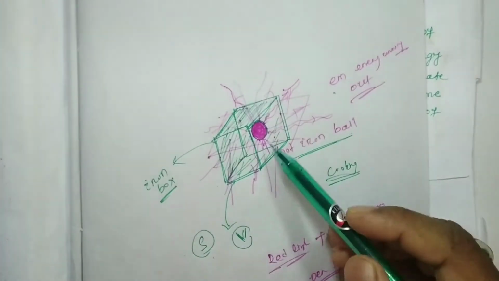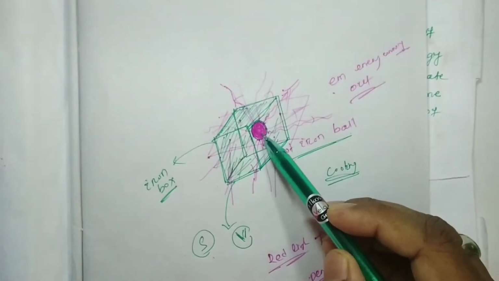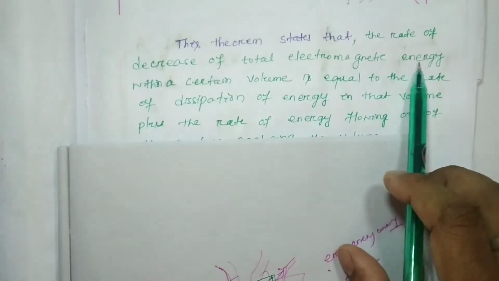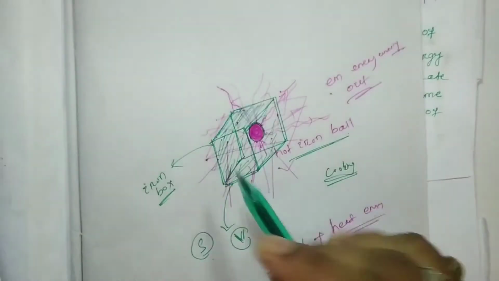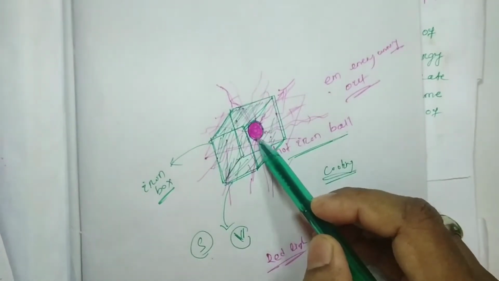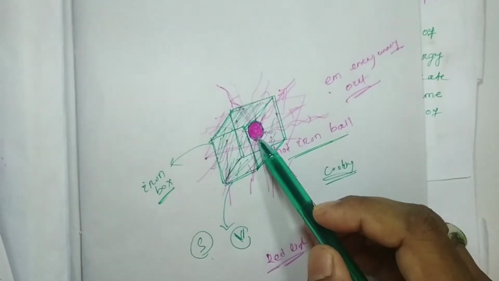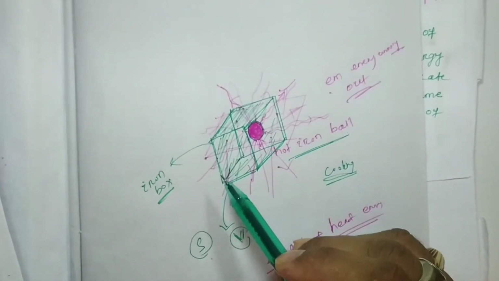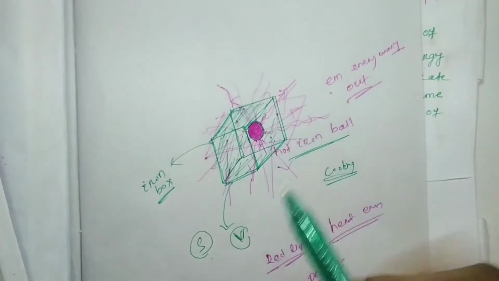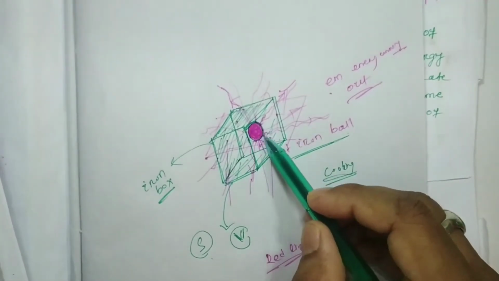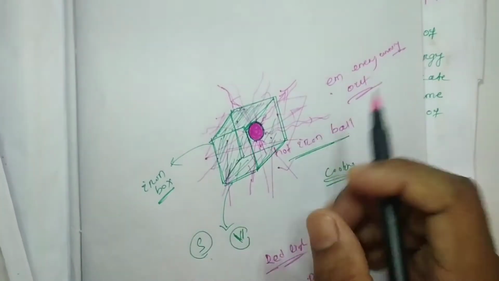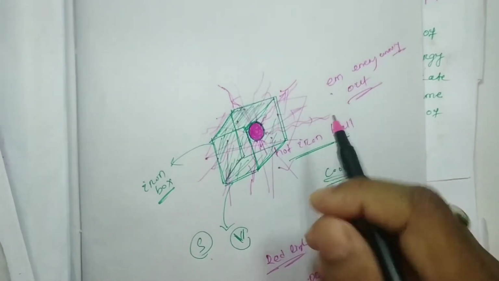As with time this hot iron ball is cooling, its energy gradually decreases. So within this volume the total energy of the hot iron ball is decreasing, and the energy decreased from this hot iron ball is utilized in two ways. What are the two ways?